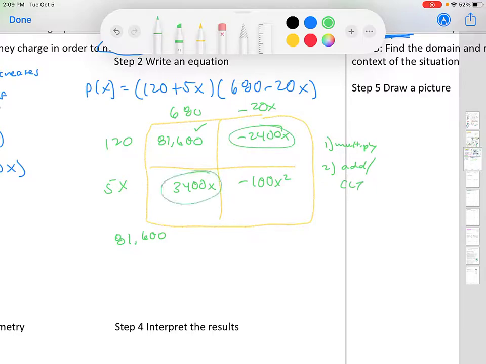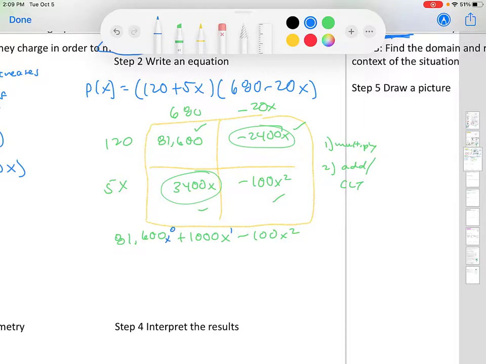If I combine like terms with these two, if I add those together, I will get positive 1,000x. So I'm done with those, and then subtract 100x squared. Okay, to put that into standard form, which means we put the x squareds first.